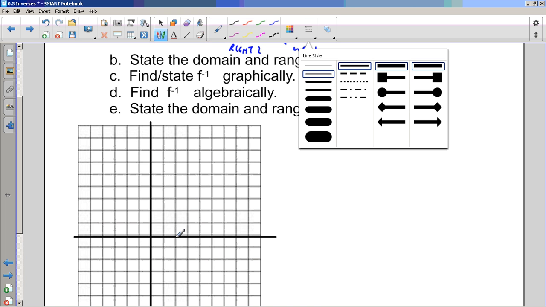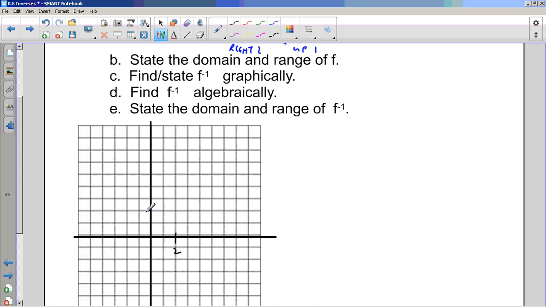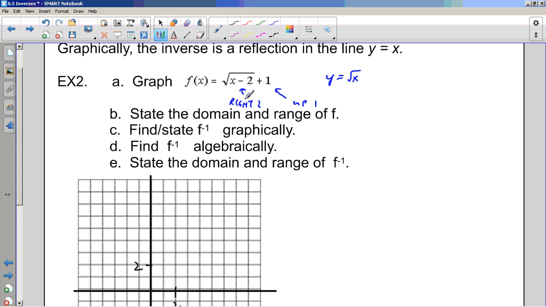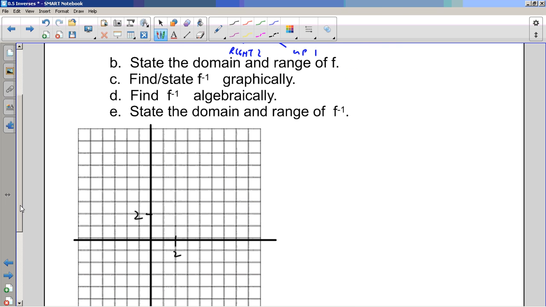There we go. A little bit of scale. My original function, I'm not going to draw the parent graph. I'm just going to graph this one. Hopefully you're okay with that. It's not been stretched or anything. So right 2 and up 1, and then half a sideways parabola. The square root function, there we go.